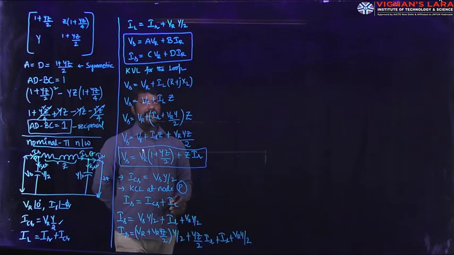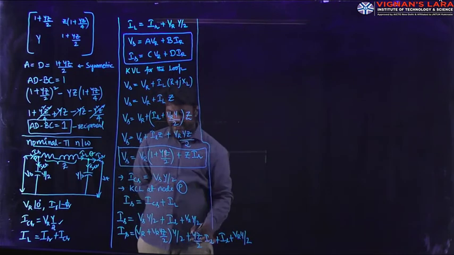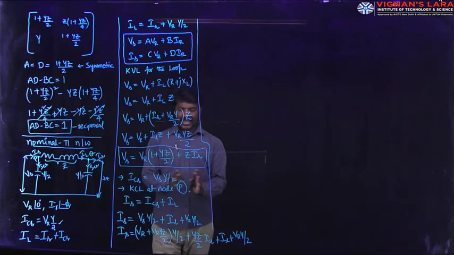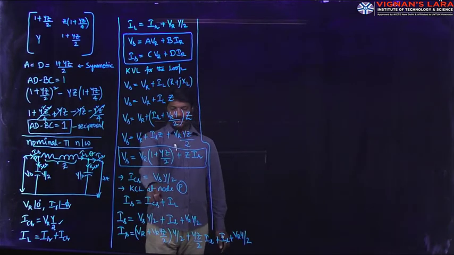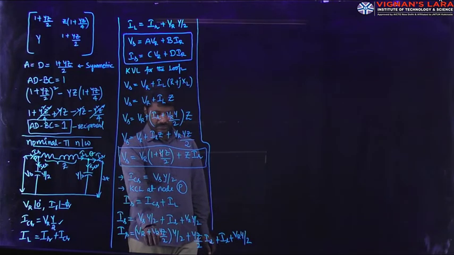Then I will get the magnitude of the sending end current Is with coefficients. On rearrangement, if I take VR all on one side, you can verify its value is VR yz by 2, multiplied with y by 2.